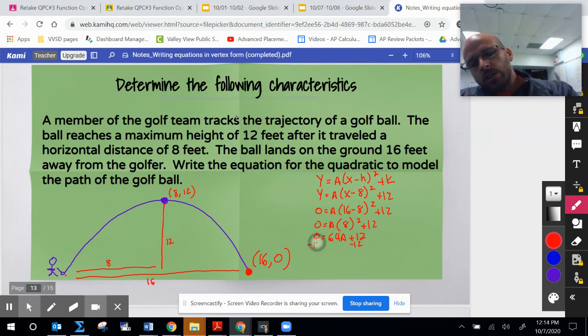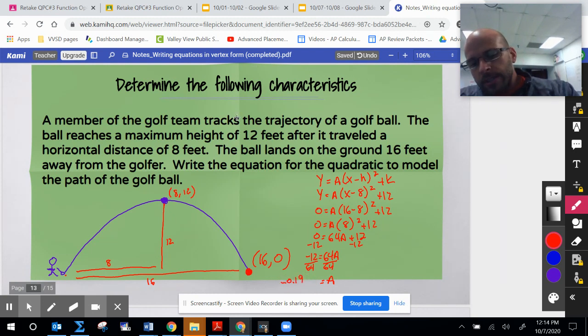I'm going to subtract the 12. I get negative 12 equals 64a. Let me fix my pen here. There we go. And I need to divide by 64. We will get a decimal. Okay. So if I do negative 12 divided by 64, I get my a value to be negative 0.1875.